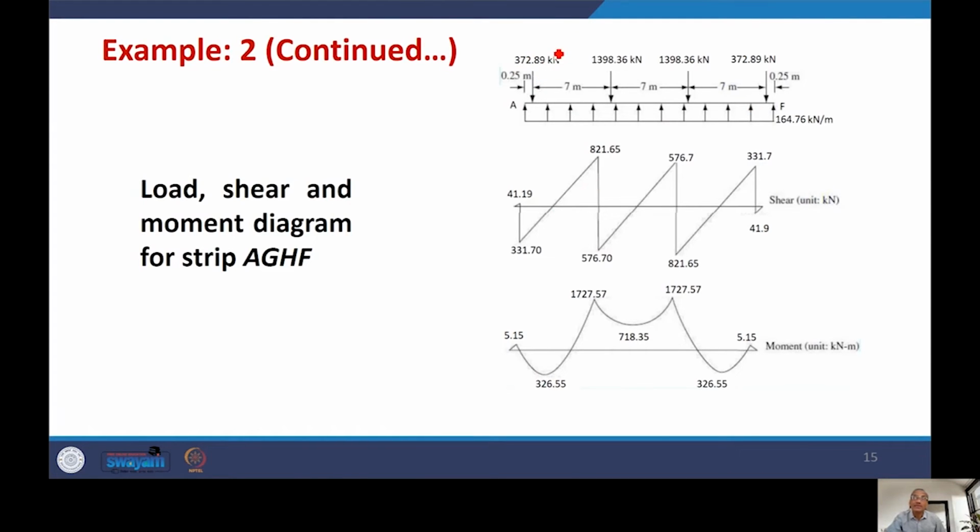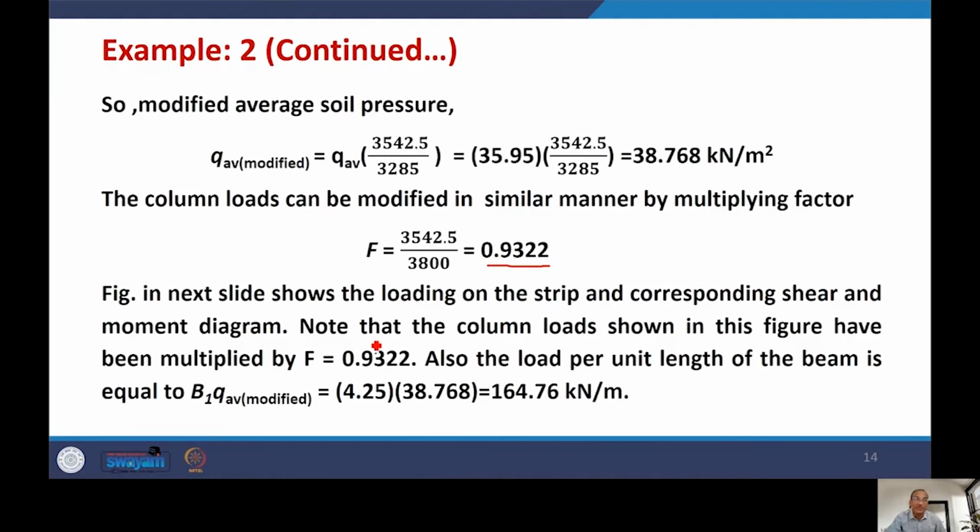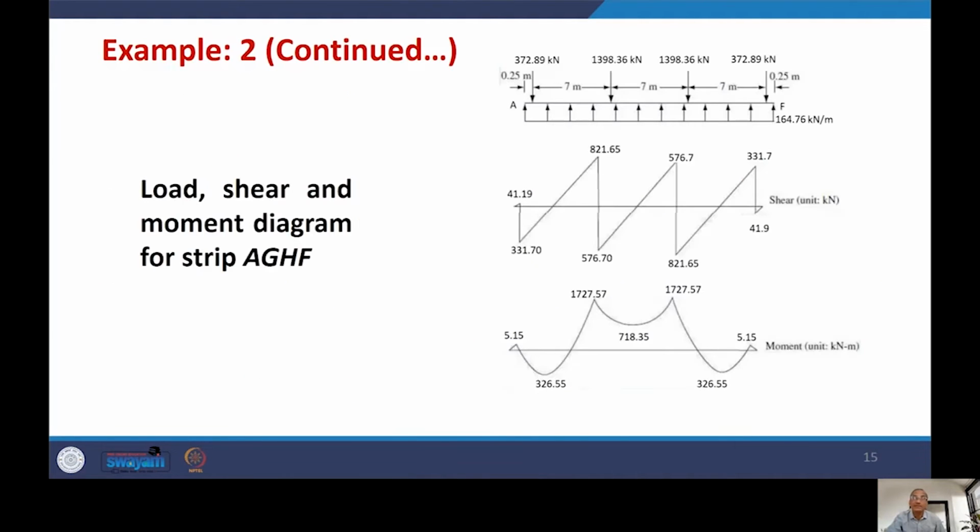This number is 400 multiplied by this factor, 0.933. Once you multiply 400 by that factor, you get the same load at both ends. When you multiply 1500 by that factor, you get these two loads. So you have the four loads here, acting from above, and the UDL acting from below.